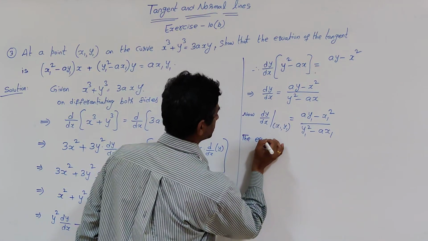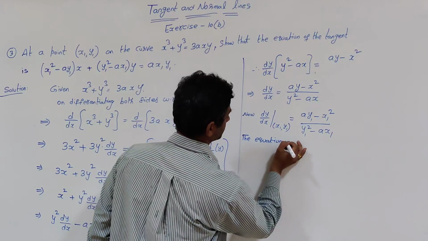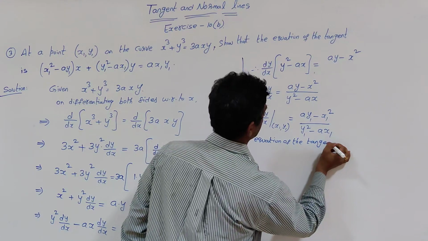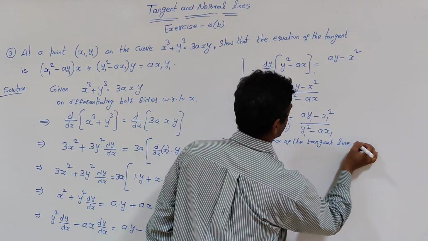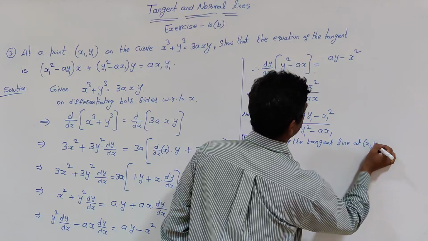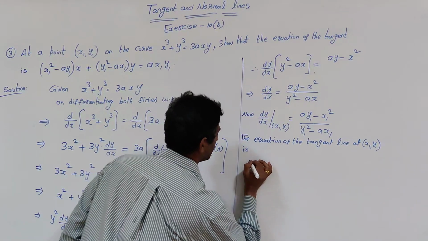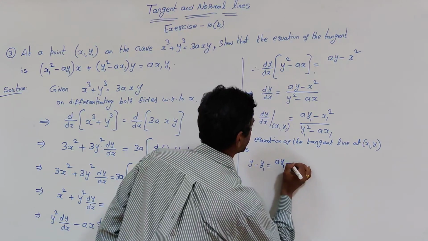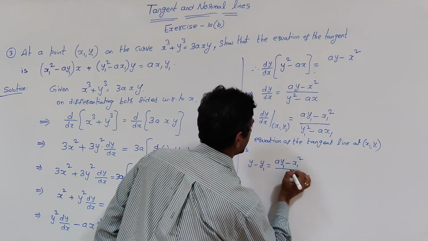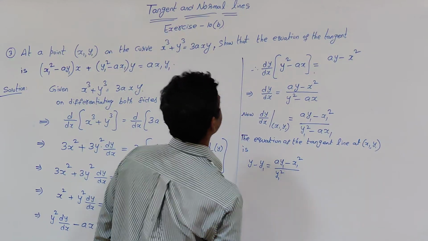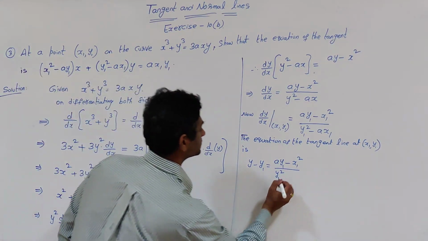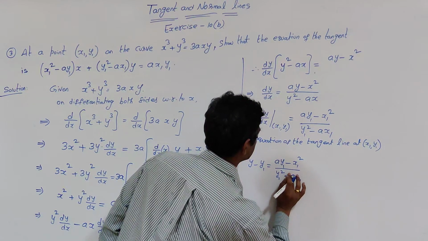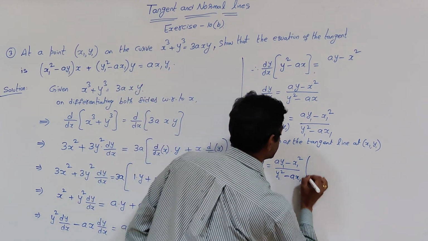So the equation of the tangent line at x1 comma y1 is y minus y1 is equal to the slope, a y1 minus x1 square by y1 square minus ax1, times x minus x1.